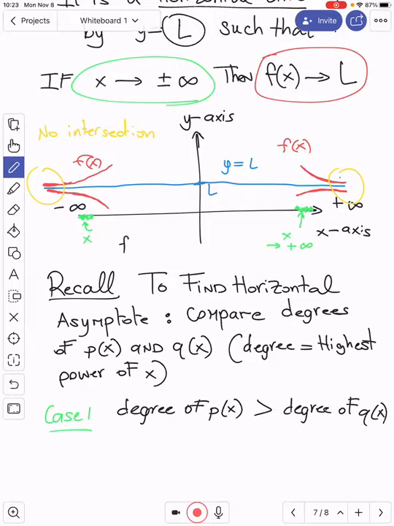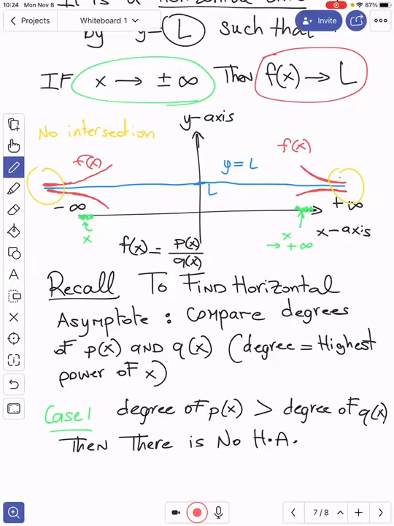Again, f of X is supposed to be P over Q. So in this case, if the degree of the top is larger than the degree of the bottom, then there's no horizontal asymptote. The HA, guys, of course, stands for horizontal asymptote, right?